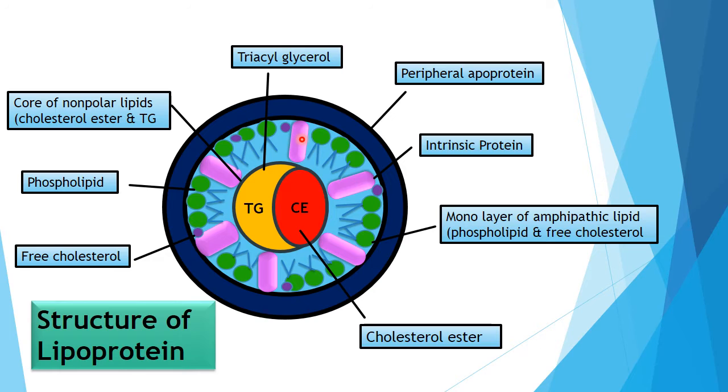In between are the apolipoproteins. These are intrinsic apolipoproteins, and the dark blue ones are peripheral apolipoproteins. This is the amphipathic layer of phospholipid and some cholesterol.